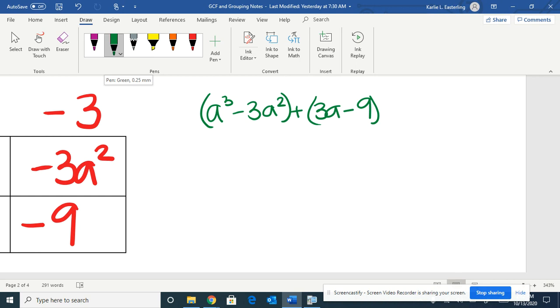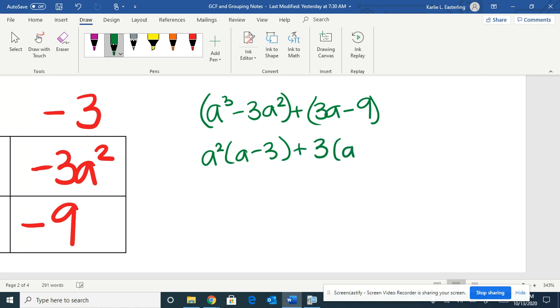So once you have your first two terms grouped and your second two terms grouped, you're then going to look for your greatest common factor in those groups. So if we're looking at a cubed minus 3a squared, we can pull out an a squared out of both of those because it would be our greatest common factor. So what's left in there is a minus 3. If we look at our second group of parentheses, the greatest common factor there would be 3.